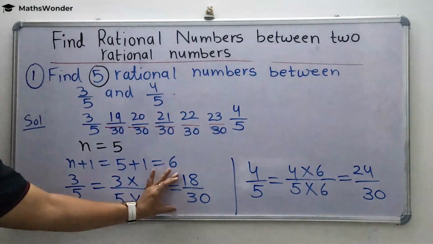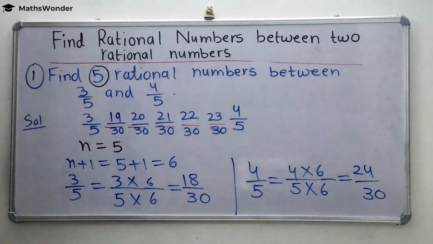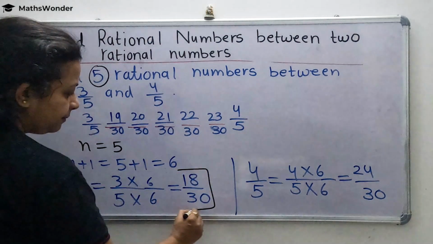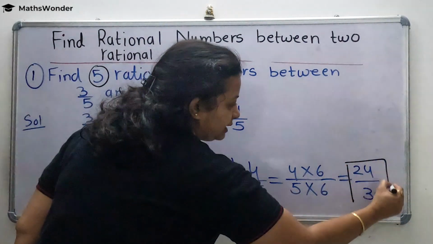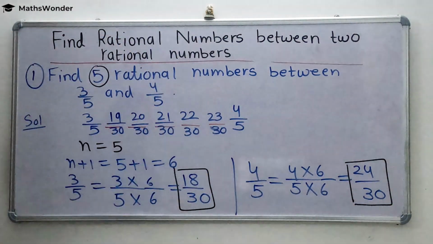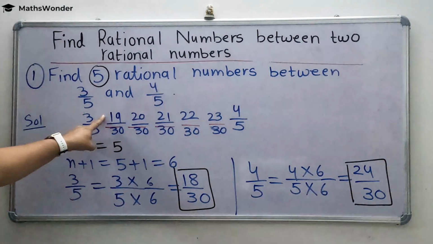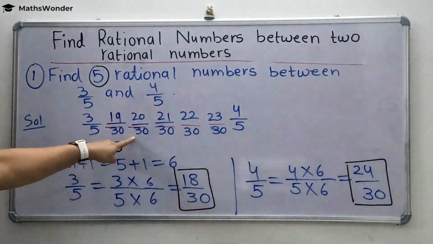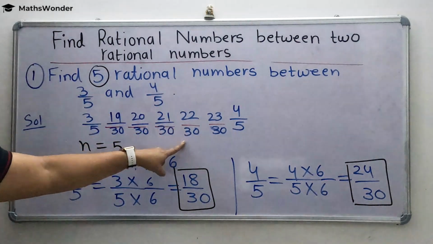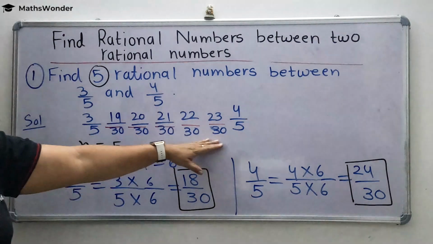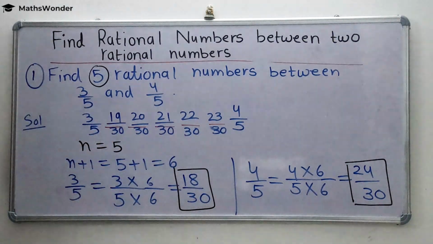Then you will get 18 over 30 and 24 over 30. Now the denominators are the same. You will find 5 numbers between these two. So after 18: 19 over 30, 20 over 30, 21 over 30, 22 over 30, 23 over 30. Now we got 5 rational numbers between 3 over 5 and 4 over 5.